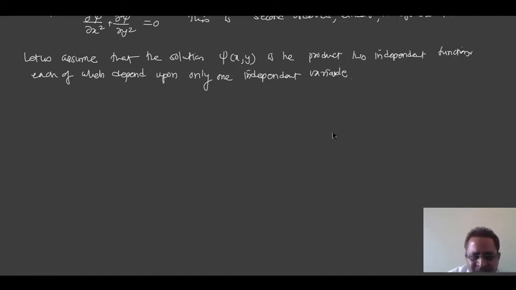This entire statement can be written in mathematical format as: psi of xy, the final solution of this differential equation, is the product of two independent functions, capital X of small x and capital Y of small y. Remember, this is the methodology we have to use for each and every further problem.